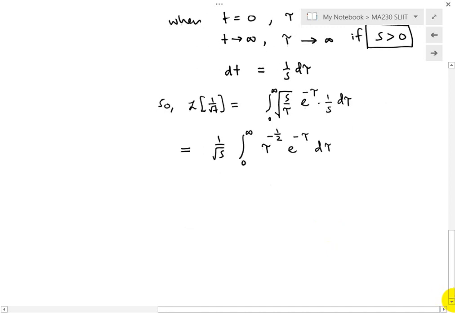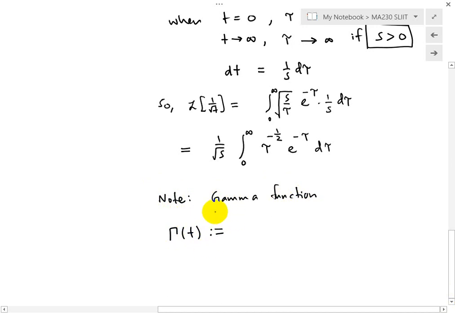So there is something called the gamma function. So this is capital gamma. So this is a definition, okay.